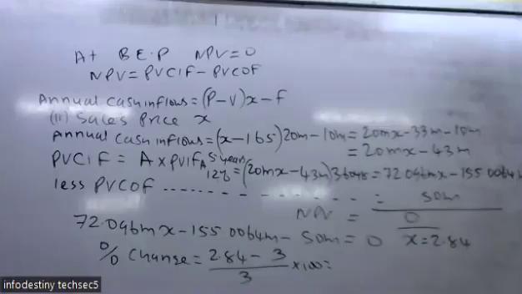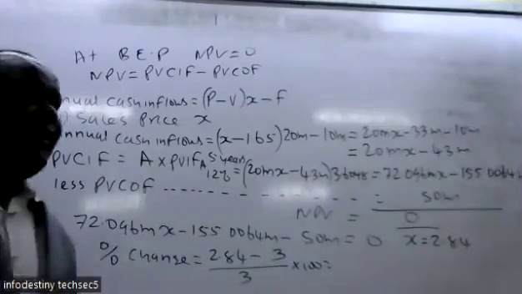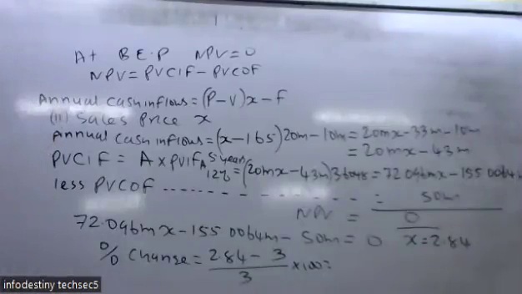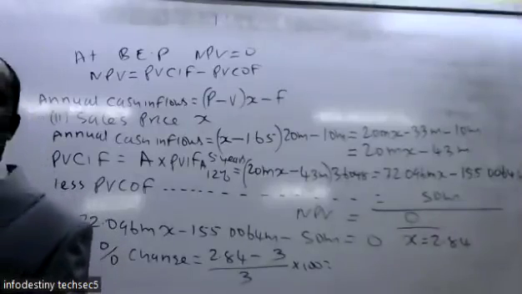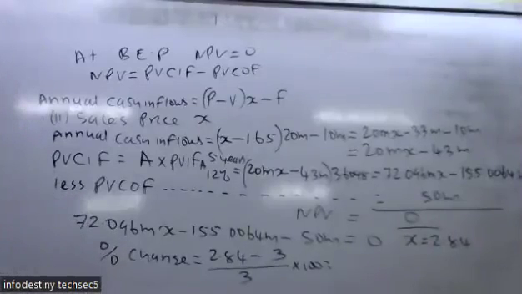So it has gone down by what percent? Negative 5.33. So it has gone down by 5.3. That is now the percentage change in the selling price for you to reject the project.